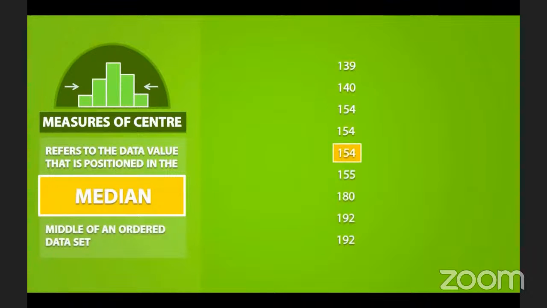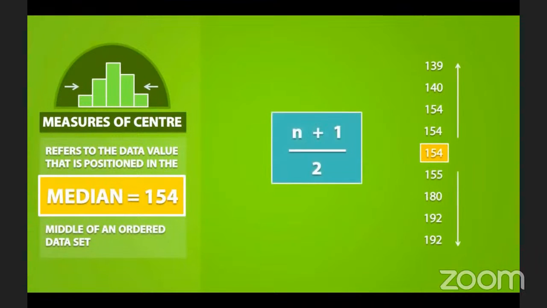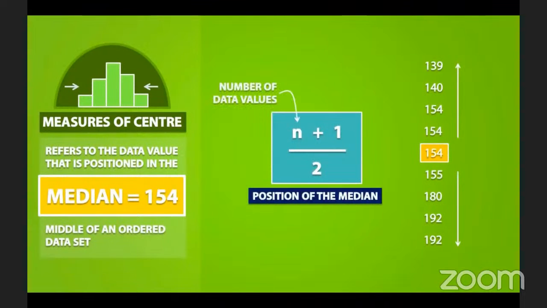What is in the middle is the median. Here it is 154. There are 4 numbers above and 4 below, and 154 becomes the median. This works when you have equal numbers on this side and that side. The formula to calculate the median is n plus 1 by 2, where n is the number of values, meaning the entire table given over here.